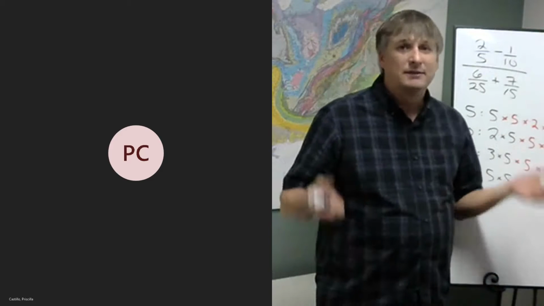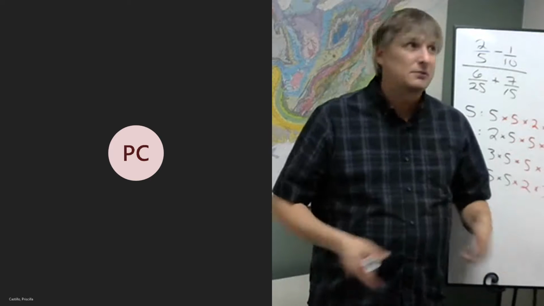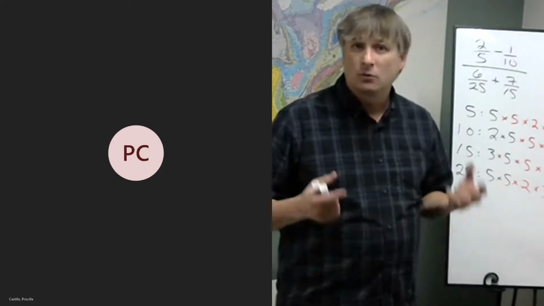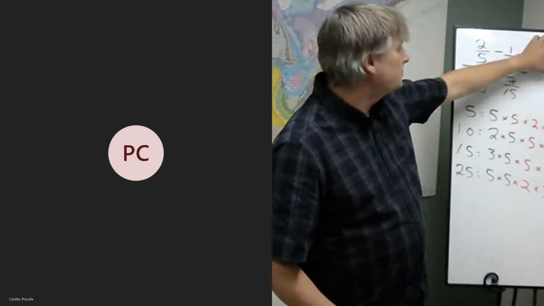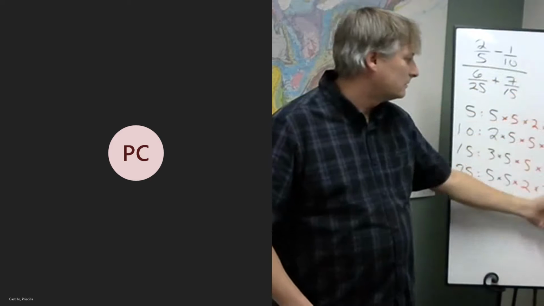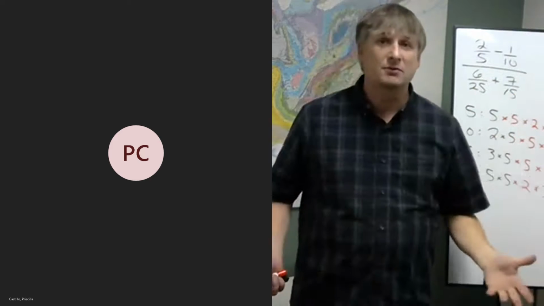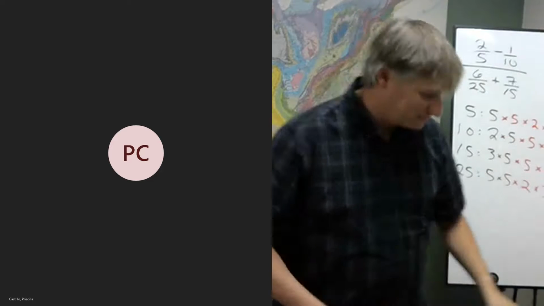The idea here is to get rid of these denominators. They're just a headache. If we get rid of all the denominators, we're going to be happy. The way we do that is multiply top and bottom by our LCD, distribute that LCD, and then things will cancel, and we're good to go.